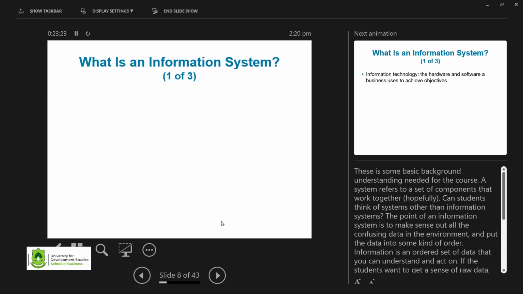Now, with this understanding, technical aspect, social or human aspect, it is the data that serves as a bridge between the two. So for an information system to be complete, we must have all of this.